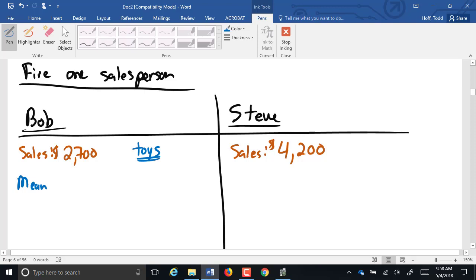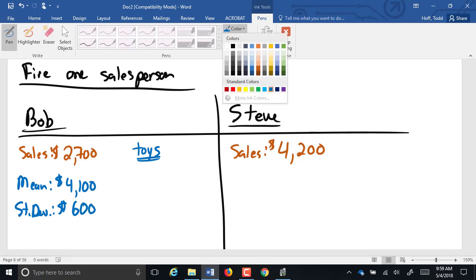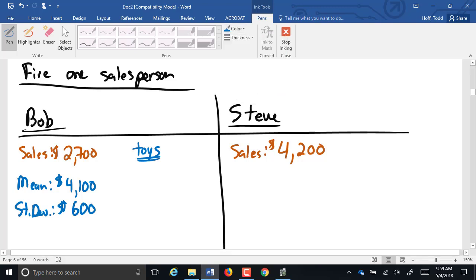The mean sales for all people that worked in toys was $4,100 with a standard deviation of $600. Steve is lucky enough to work in electronics.